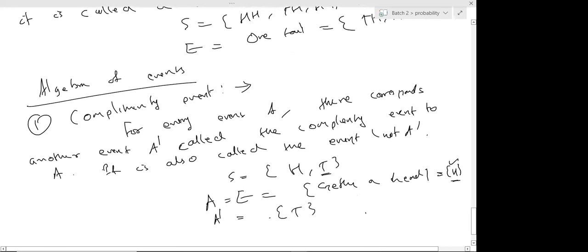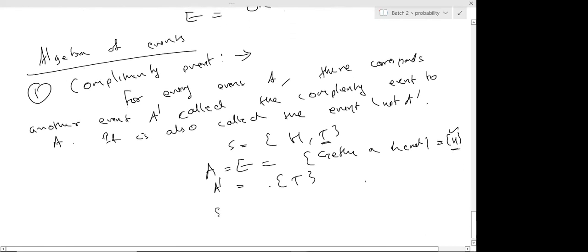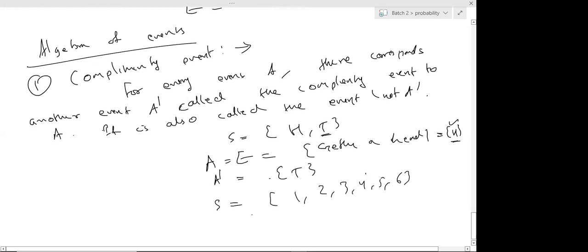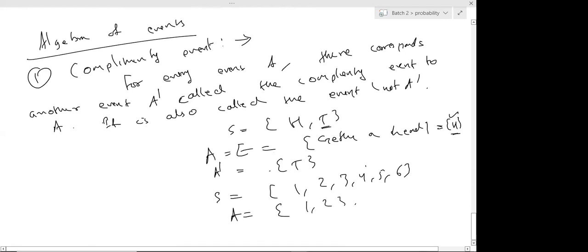For another example, if you throw a dice, you can get 1, 2, 3, 4, 5, 6. Let's call this event A as 1 and 2. You want only 1 and 2. So A dash will be everything except these two, so 3, 4, 5, and 6. You just don't want 1 and 2.